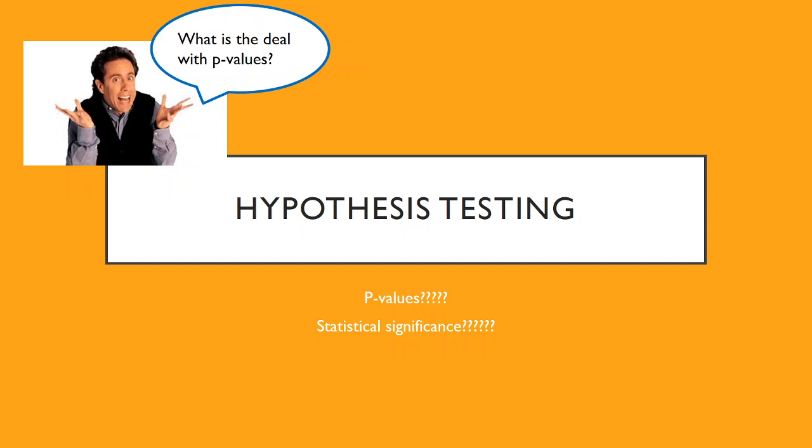So if there's any two most general takeaways you'll hopefully get after hearing this lecture, it's what does a p-value actually represent? Because that value does have a specific probability-based meaning. And p-values are intricately related to this concept of what we call statistical significance.